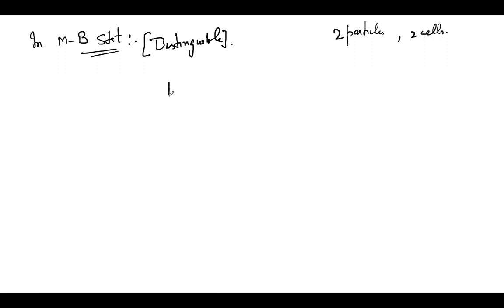So if I have two particles P and Q and two cells, there is a chance that P will occupy the first cell and Q will occupy the second cell.